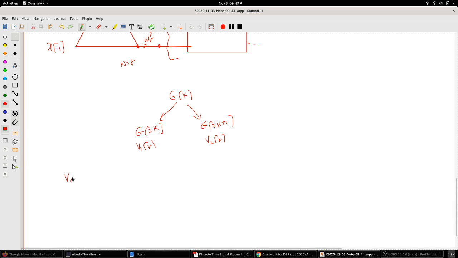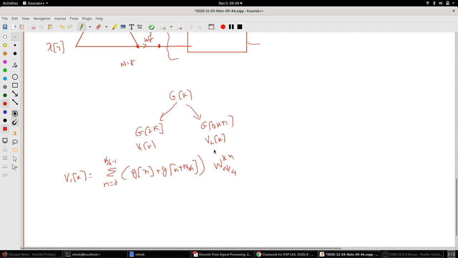So I can write v1 of k as equal to summation n equal to 0 to n by 4 minus 1 now, right? Because this is an n by 2 point DFT, so this will have to be further changed into n by 4. So it is g of n plus g of n plus n by 4 into Wkn of n by 4.